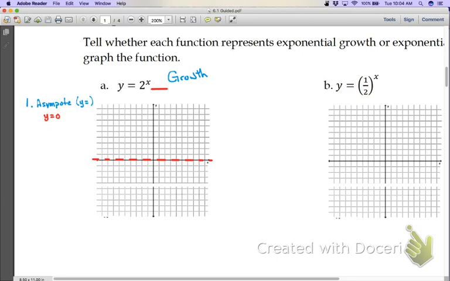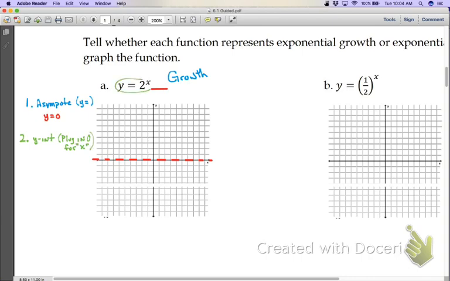So the first thing we want to do is find the asymptote. Second thing we want to do is find the y-intercept. So we want to see where this crosses the y-axis. Finding the y-intercept is just a fancy way of saying plug in 0 for x.